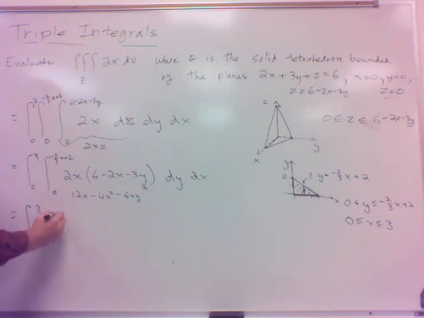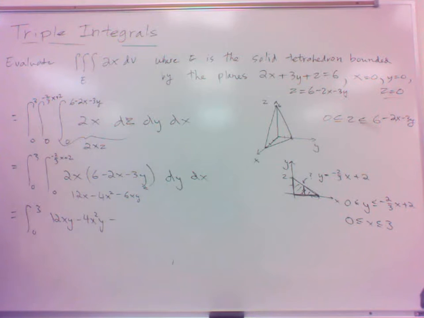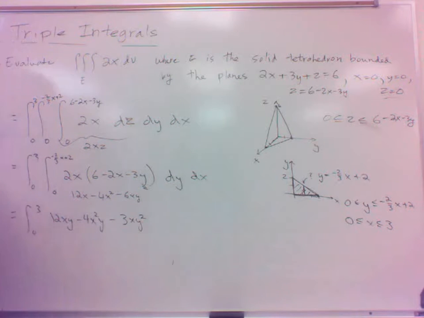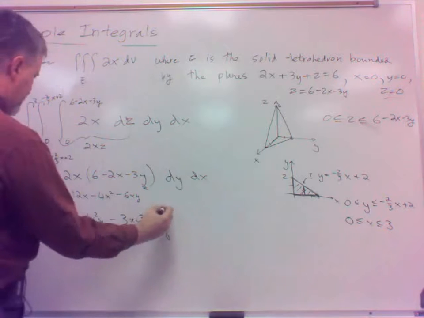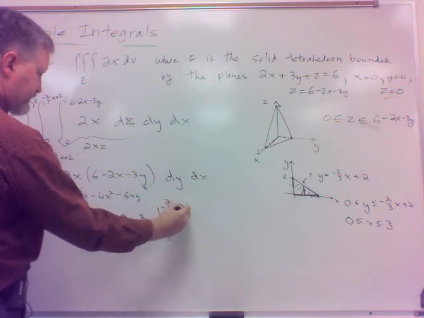So that would be 12xy, 4x squared y, and what is this, 3x y squared? There are different ways to do it. From 0 to negative 2/3 x plus 2.